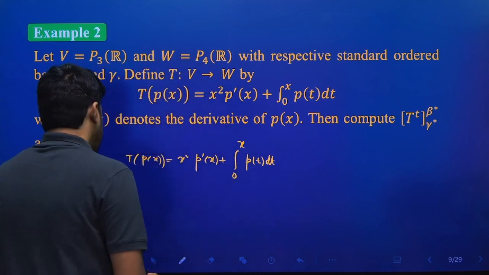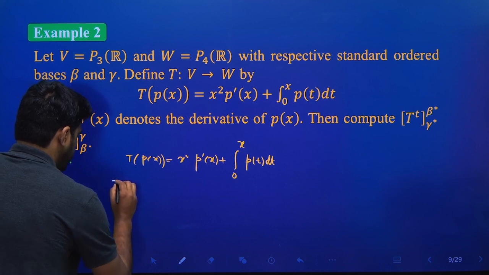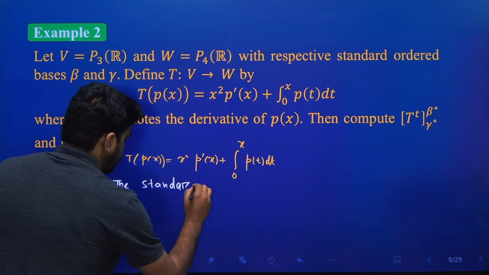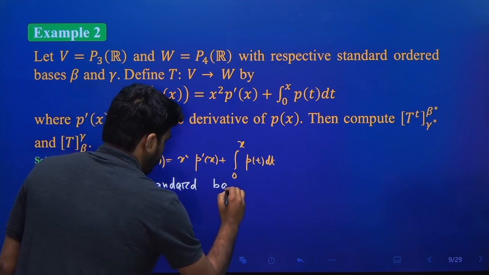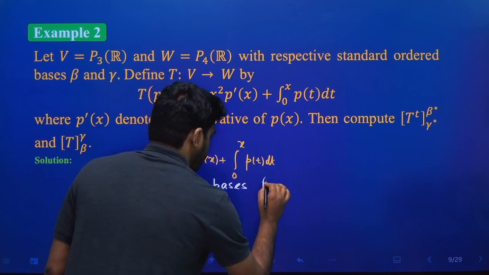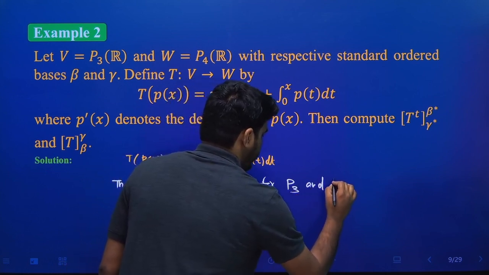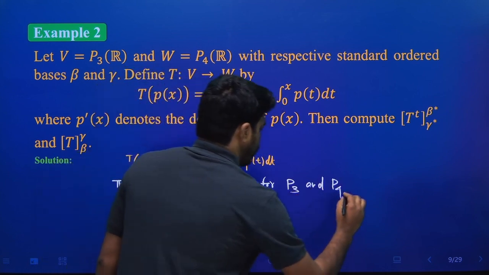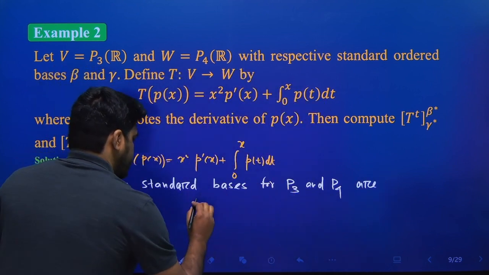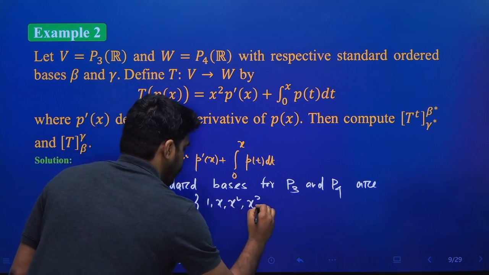Okay, so therefore the standard basis for P3 is 1, x, x square, x cube.